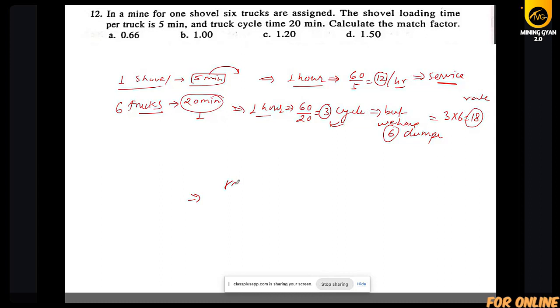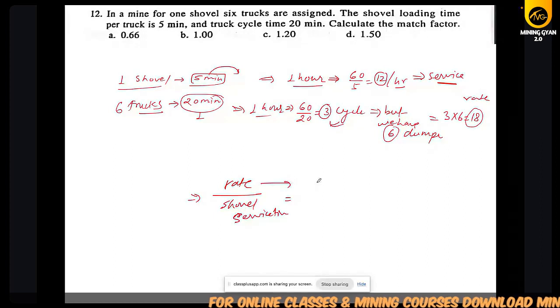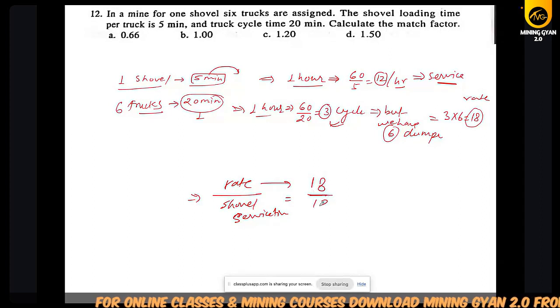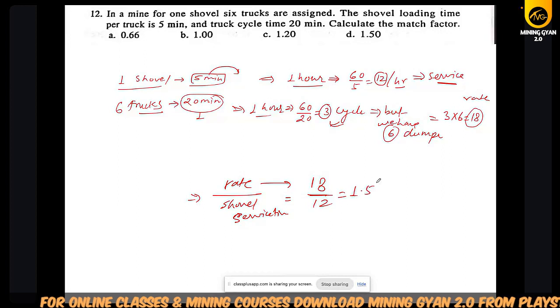This rate divided by the shovel service rate: 18 and the service rate is 12, which means 1.5.